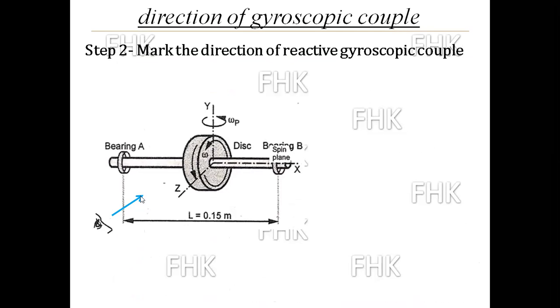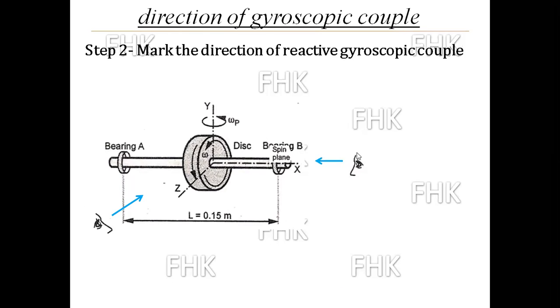This is the position of looking at the system, the front view. When you look at the system from this direction, this becomes your right hand side bearing, and this becomes your left hand side bearing.